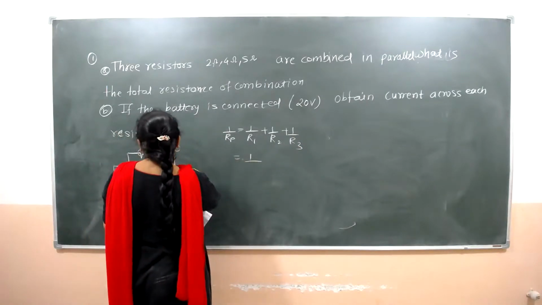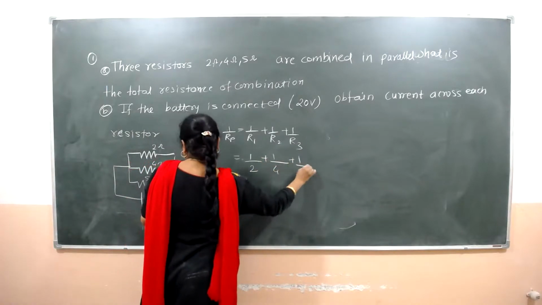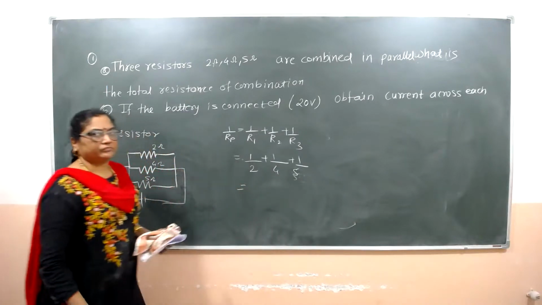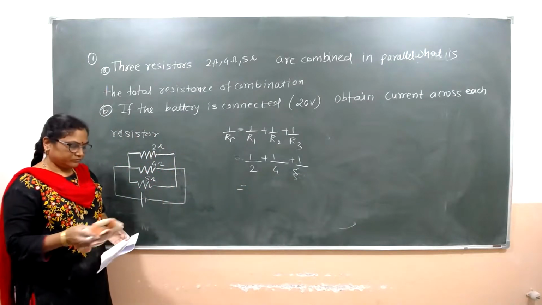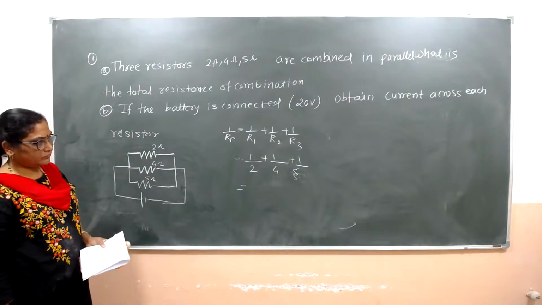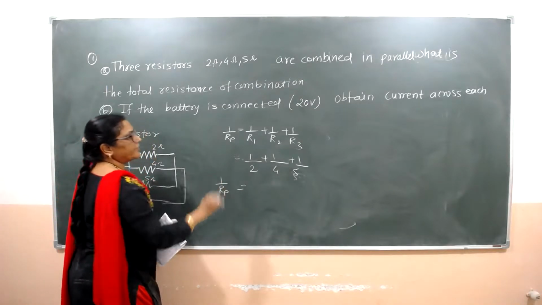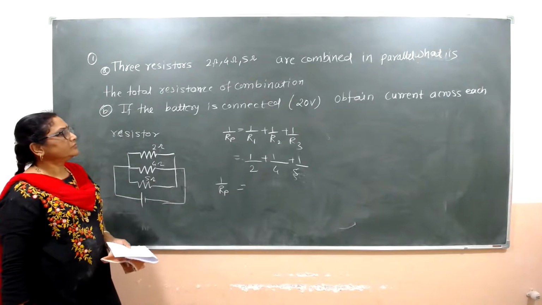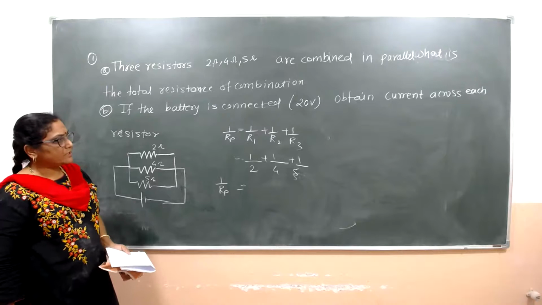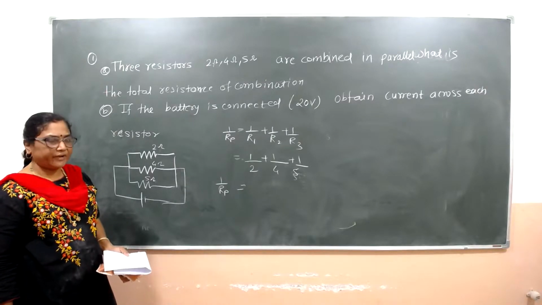That is 1 divided by 2 plus 1 divided by 4 plus 1 divided by 5. So take the LCM and find out. By using the LCM or by using the cross multiplication, find out the equivalent value.